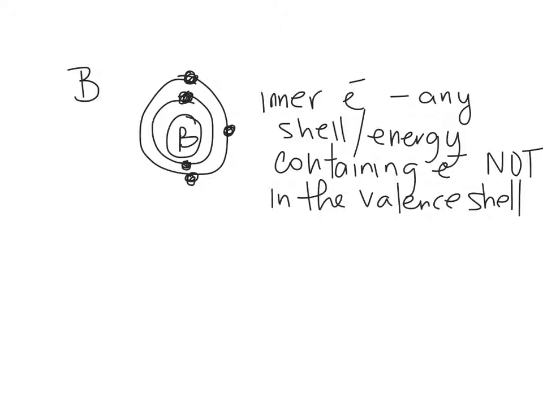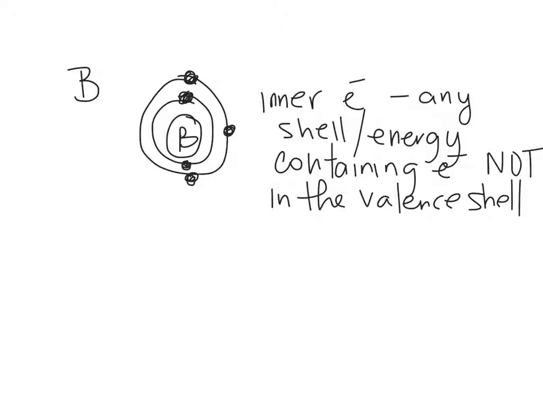So basically, because the valence shell is the outermost ring, everything else is inner. Got an outer and an inner. Just like belly buttons. Got an outie and an innie. Okay, so these are electrons that are going to be important when we come to periodic trends.